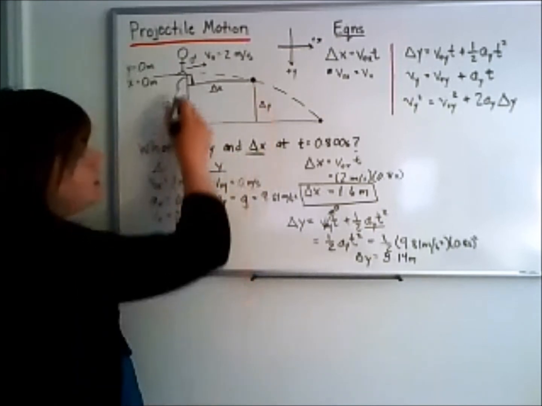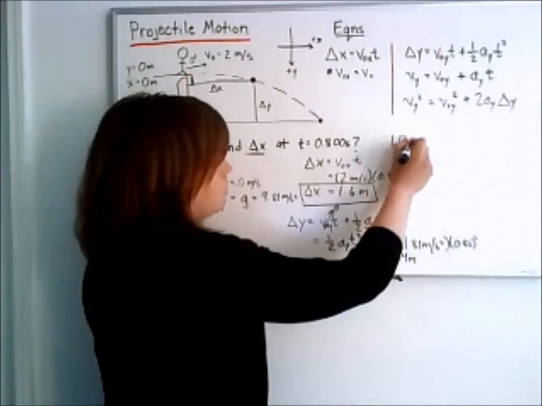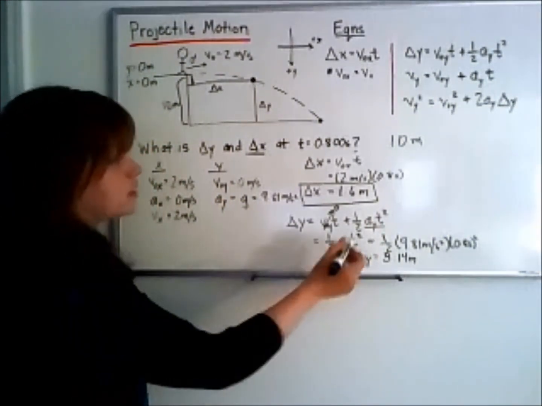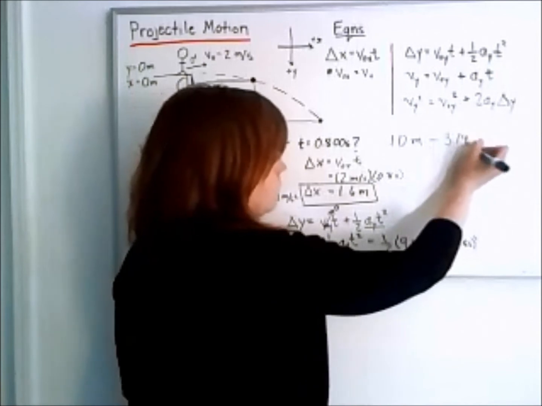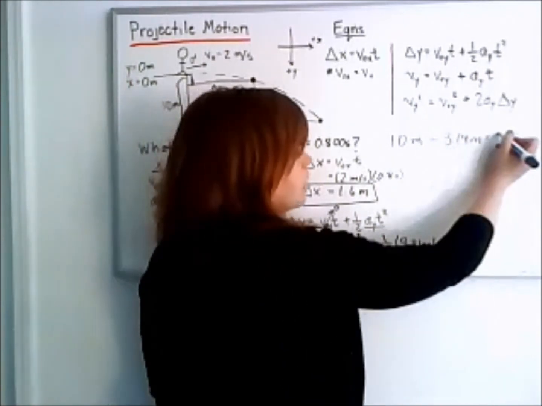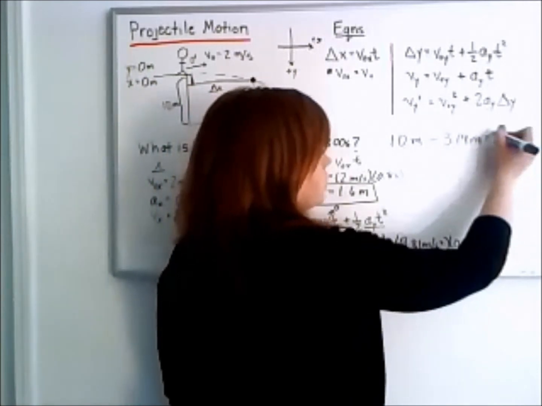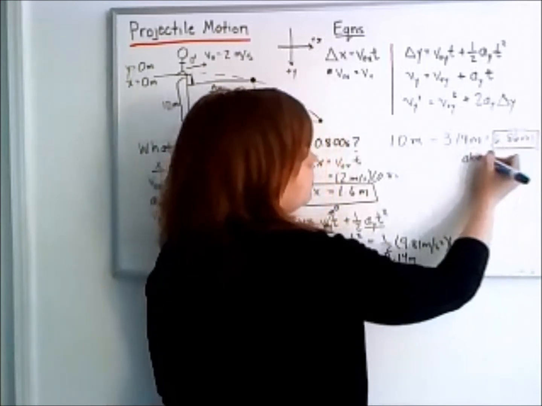So knowing his starting height was 10 meters, what we need to do is actually subtract this value from that. And when we do so, we get 6.86 meters. And that again is above the water.